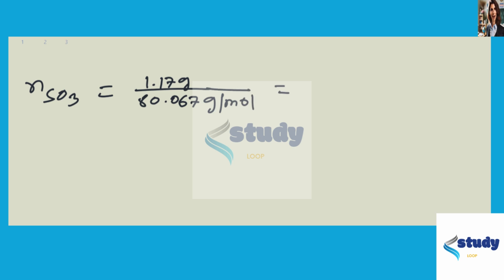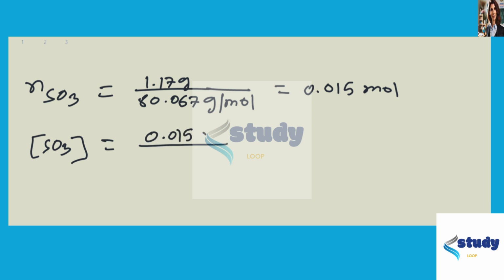From here you get the number of moles as 0.015 mole. Then we find the equilibrium concentration of sulfur trioxide by dividing this number of moles by the volume of the solution, which is 2 liter, and this gives us 0.007 molar, or mole per liter.